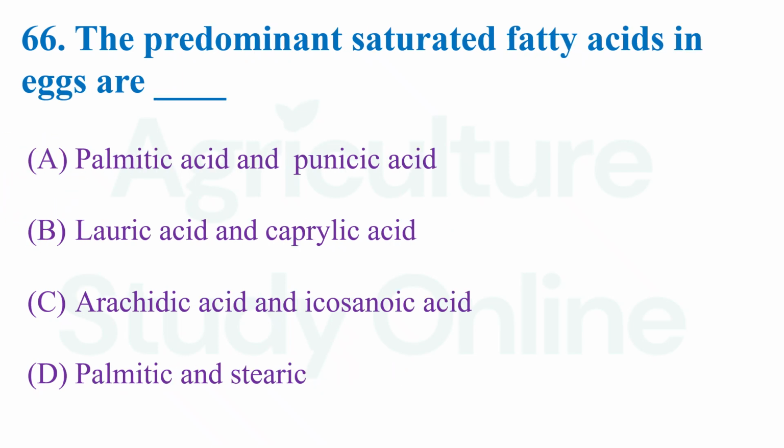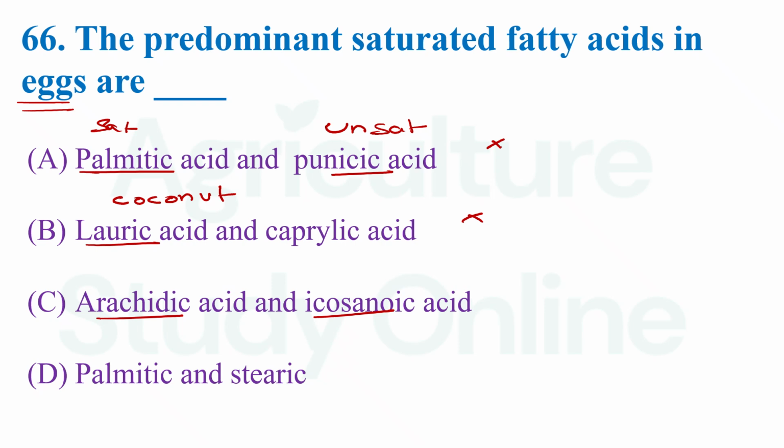Question 66. The predominant saturated fatty acids in eggs are. So first one, palmitic acid. So it is a saturated fatty acid. Punicic acid, it is an unsaturated fatty acid. So it's not correct. Lauric, so they are asking about eggs. So lauric, it is found in coconut.